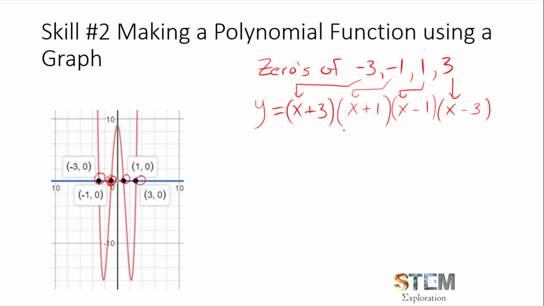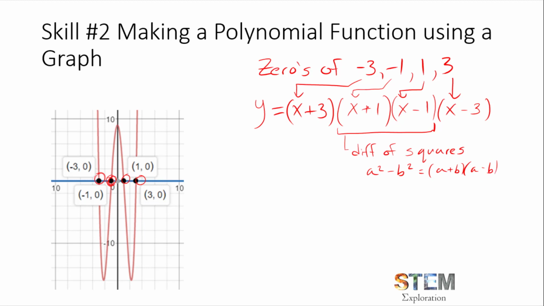So for example, what we could do is I could look at this and say, hey, this is the difference of squares. And the equation for the difference of squares is a squared minus b squared is equal to a plus b times a minus b.